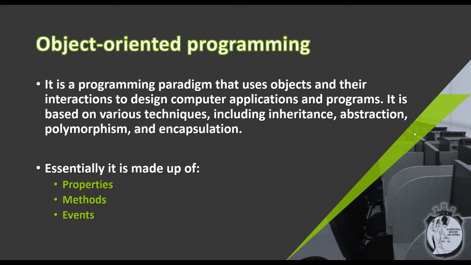We will only see the essentials: properties, methods, and events, which are the most important part of a visual program. A visual program is based on object-oriented programming.